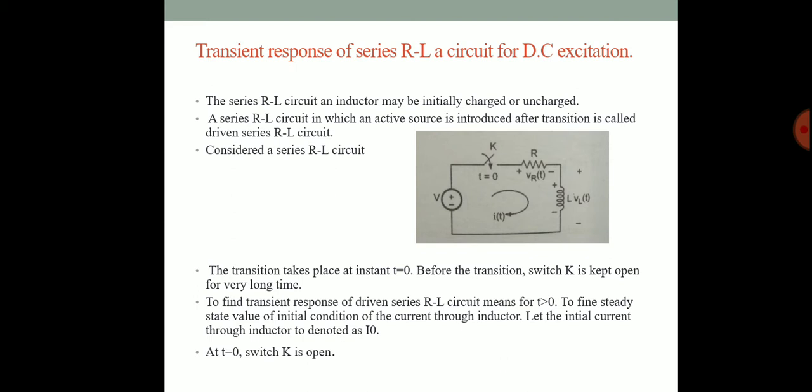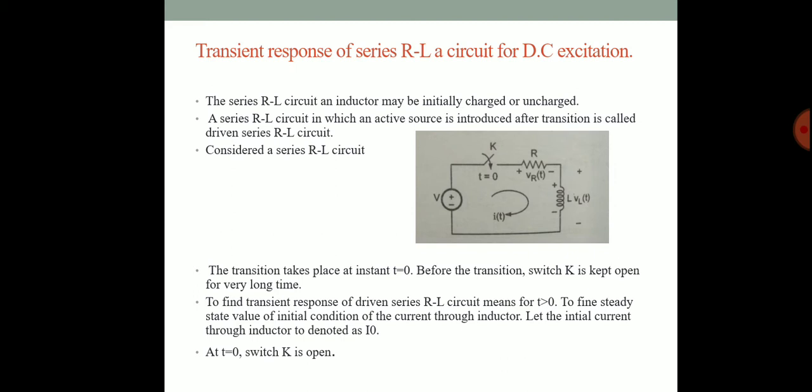To find the steady state value of current, it is necessary to have knowledge of the initial condition of the current through the inductor, denoted as I0. At t equal to 0 minus, the switch is open. As the voltage is not applied to the series RL circuit, the current in the circuit will be 0.